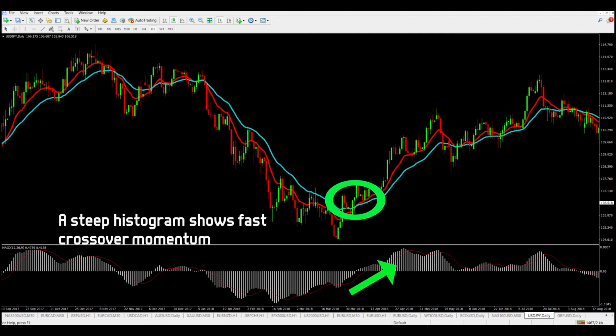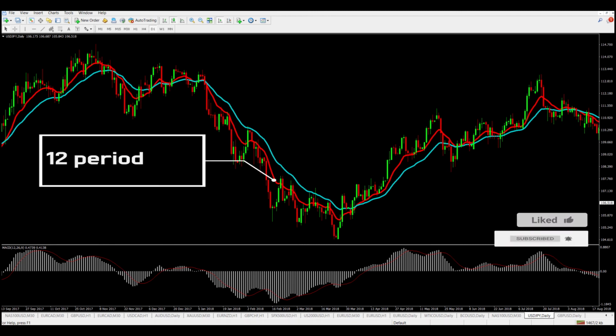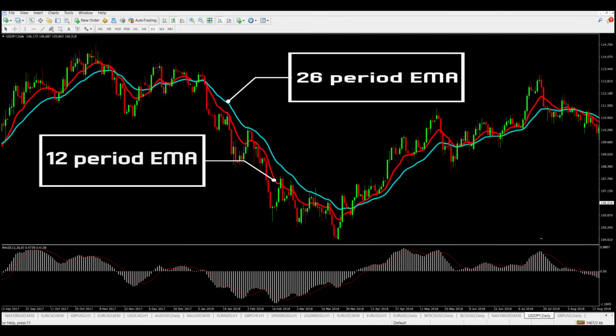Another common technique used to identify a crossover is by looking at each of the exponential moving averages. MACD has a positive value when the 12-period EMA, which is shown here by this red line, is above the 26-period EMA, shown here by this blue line. A negative value is simply the opposite of this.